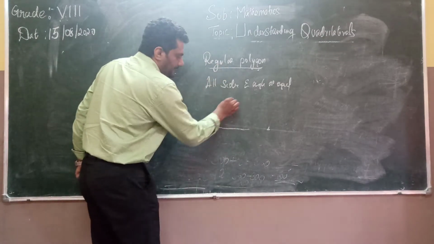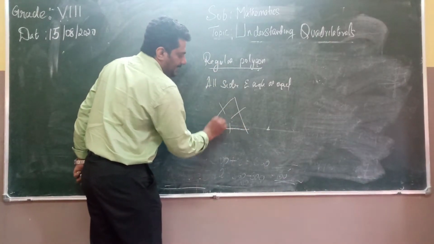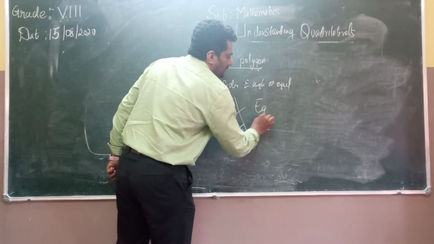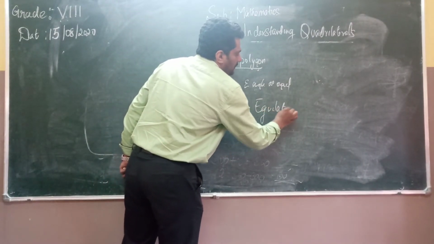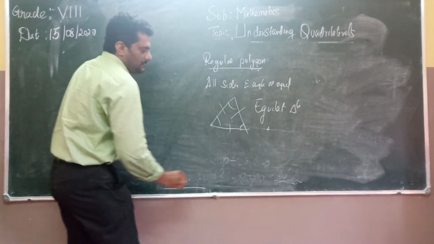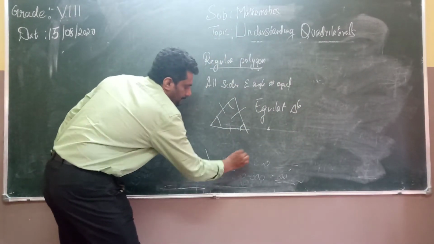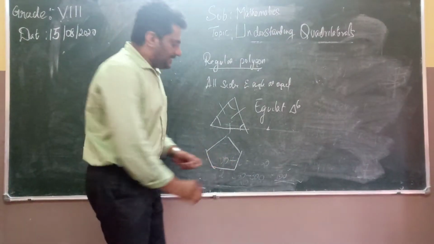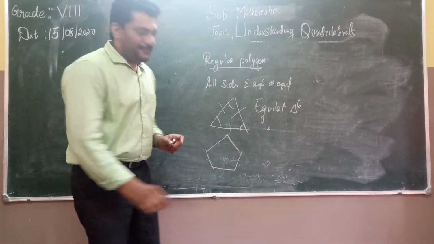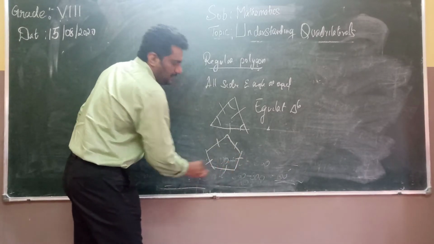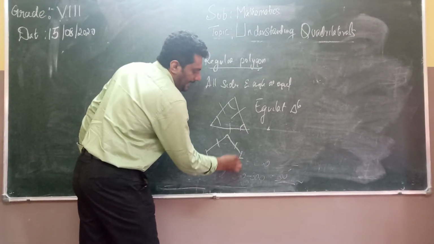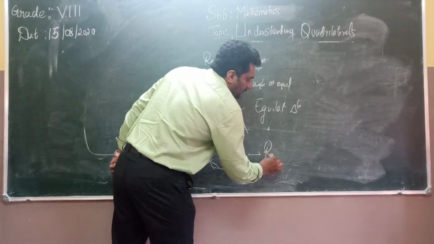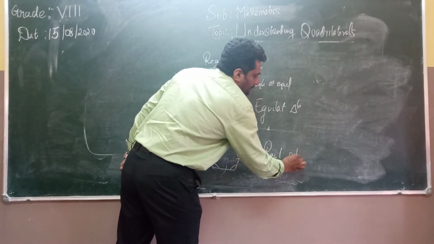Such triangles, wherein the sides and the angles are equal, we call an equilateral triangle. Now for example, there is a pentagon. I can call this a regular pentagon if all the sides are equal and all the angles are equal.